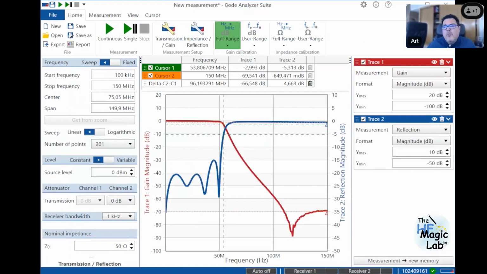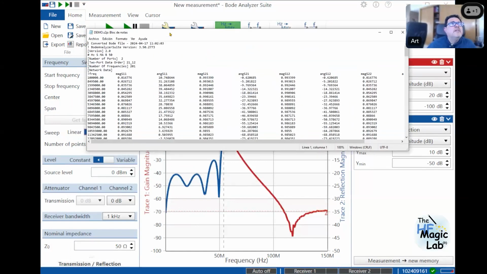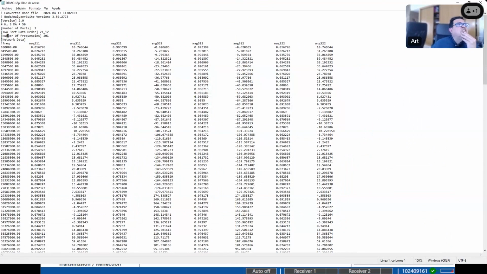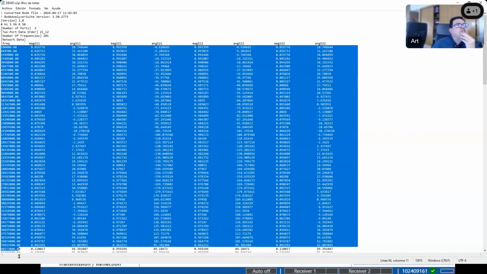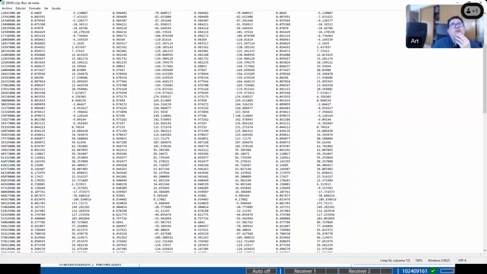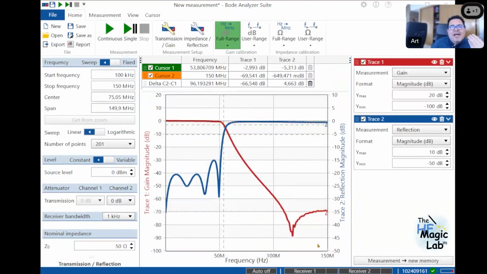So when I open my desktop file, you can see, let's go here. So you can see, if I open the file, we get this one. You see, this is the Touchstone format. So we can have all the information of the S parameters of my filter from the first frequency to the last frequency. And this information can be imported. You can import this in LTspice or in any software for simulation.